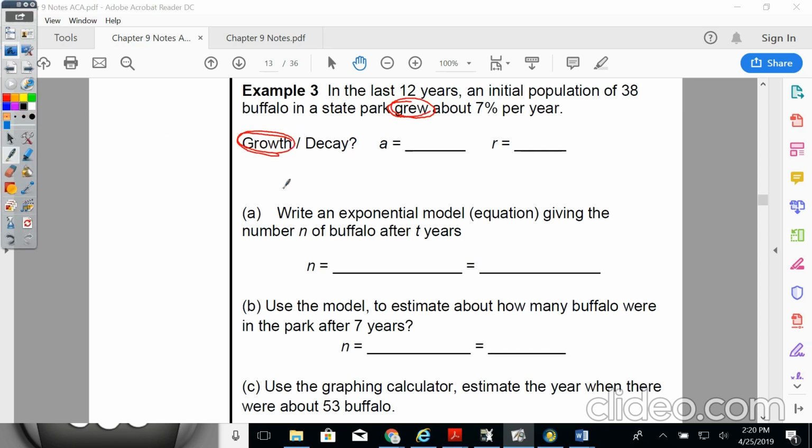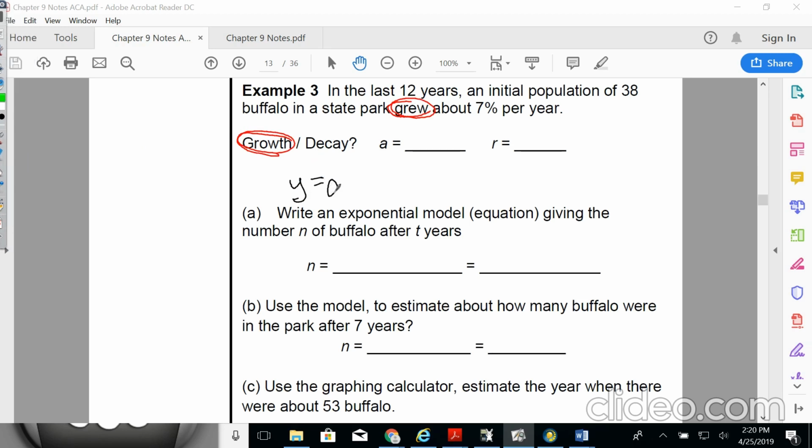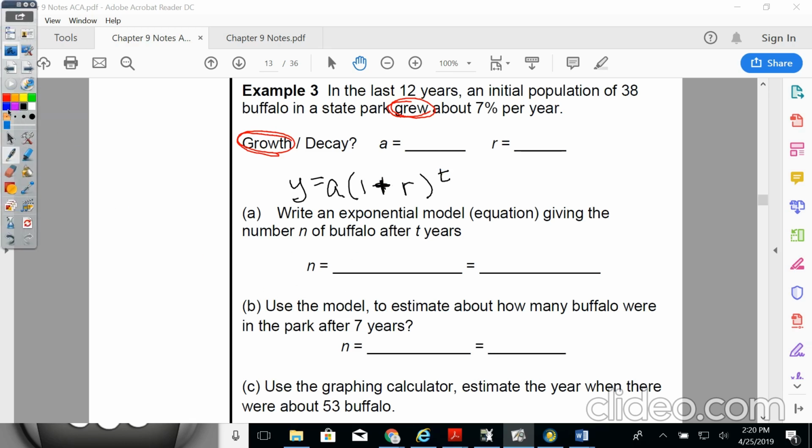And then we're going to use the formula from the previous page, y equals a times (1 plus r) to the t, because it's a growth function. Tomorrow we'll do the decay. The a value is your initial population, your starting amount. So it says the initial population was 38.